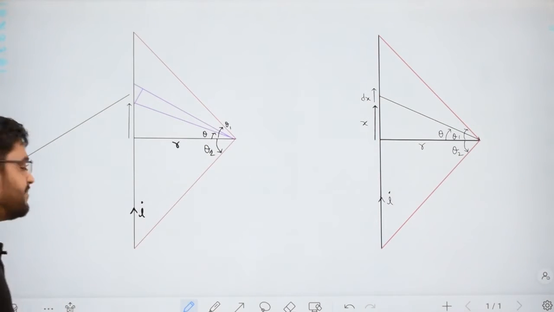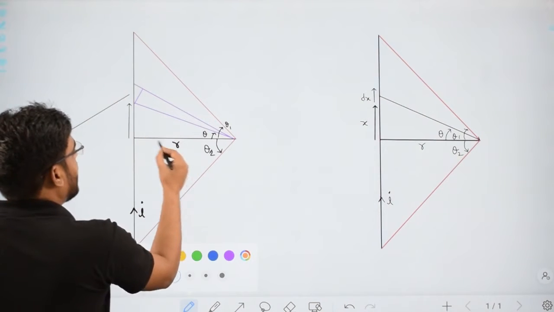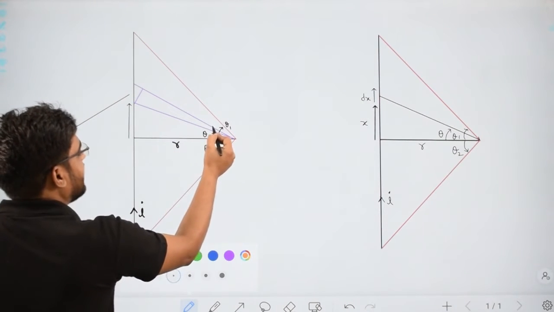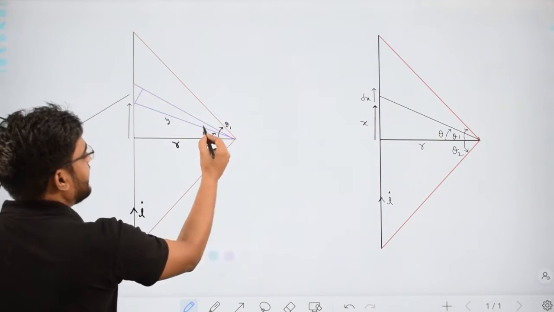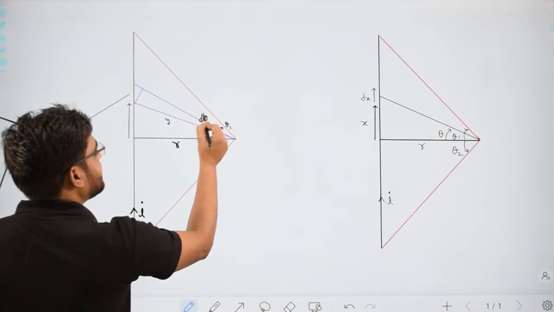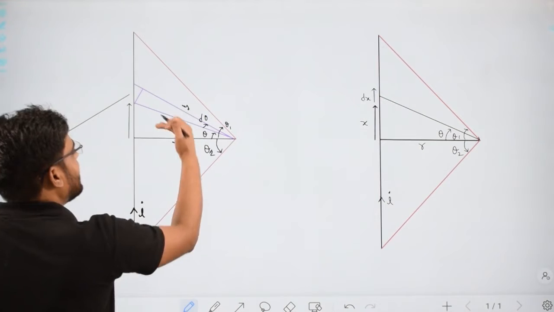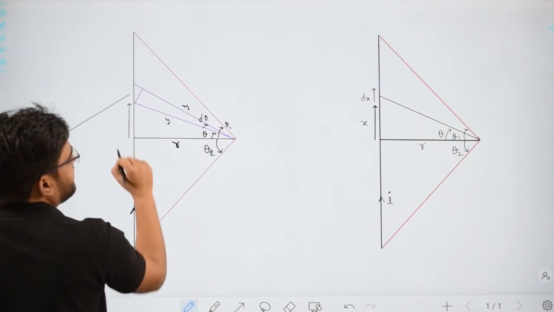So, first thing I am doing is going at a distance r, at angle theta, and let us call it y, and then I am taking an angle of d theta. So, this is d theta. This is also almost y only, and then this distance is roughly r d theta, right?